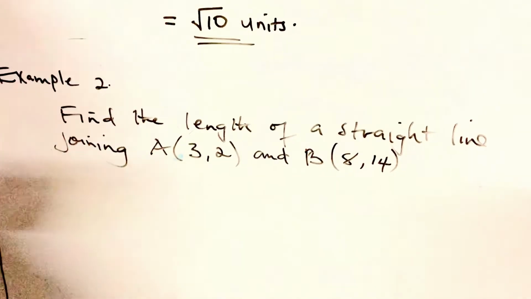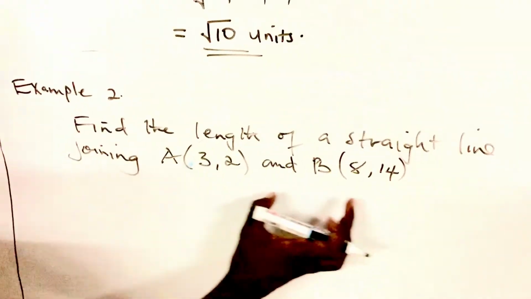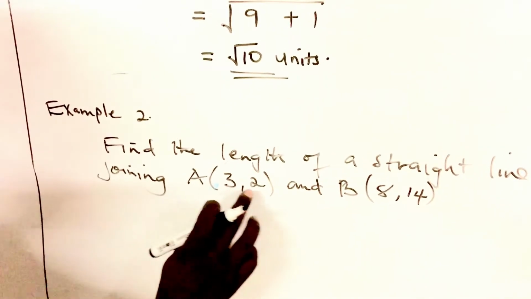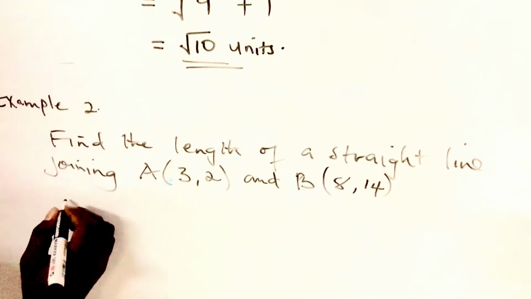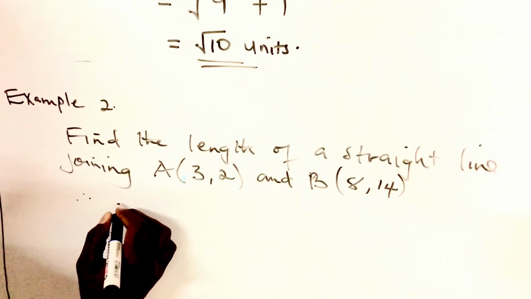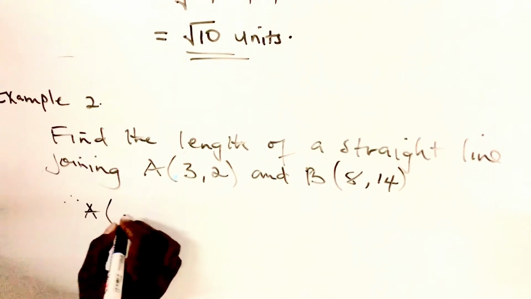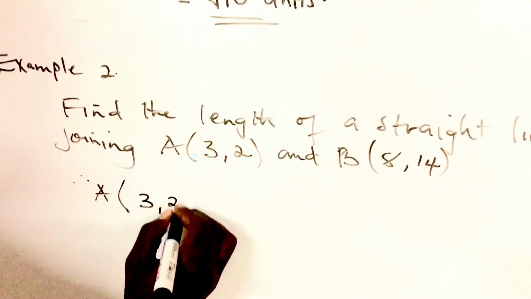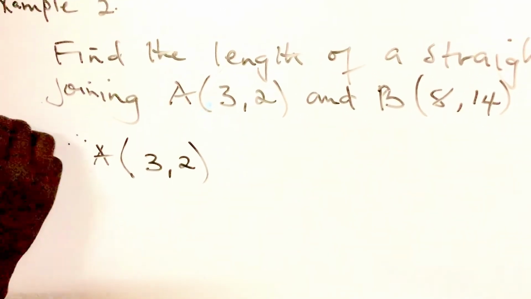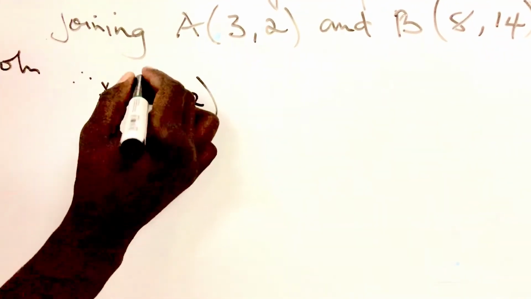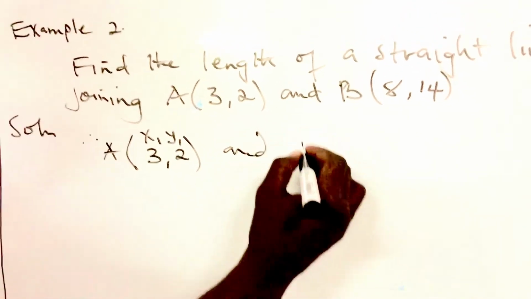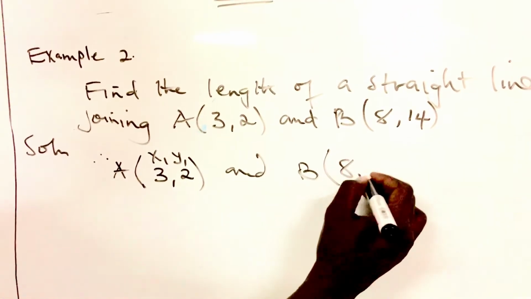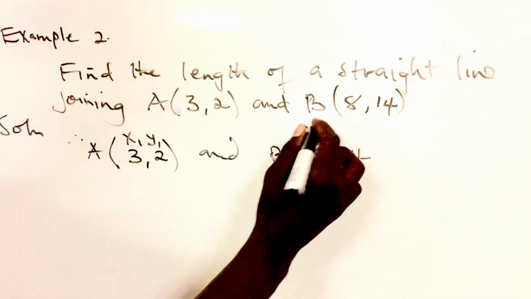We follow the same procedure. From this case we can now know that this is our x1, y1, x2, y2. So point A having (3, 2), this is our x1, y1, and B, which is (8, 14), this is our x2, y2.